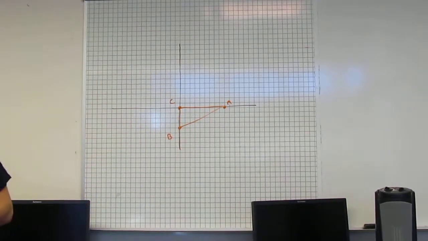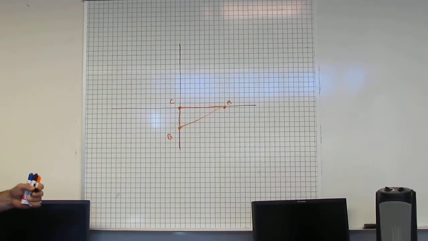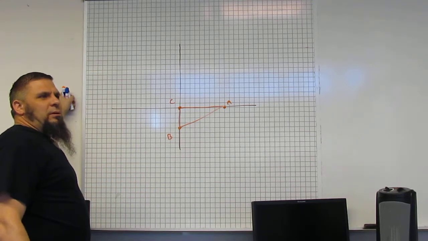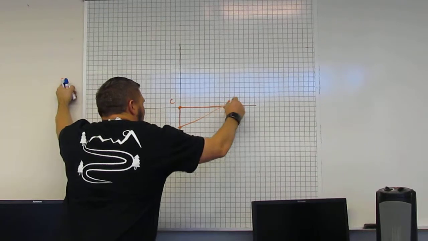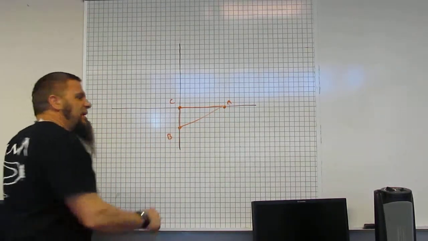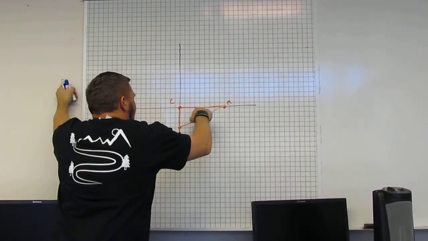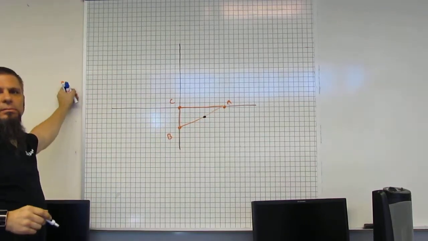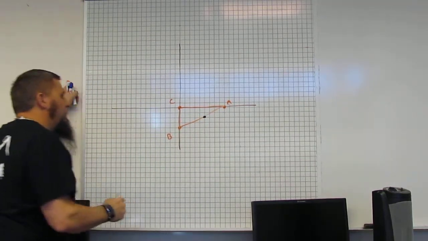Now we found the midpoint of AB, and it was 4.5 and -2. Right there.